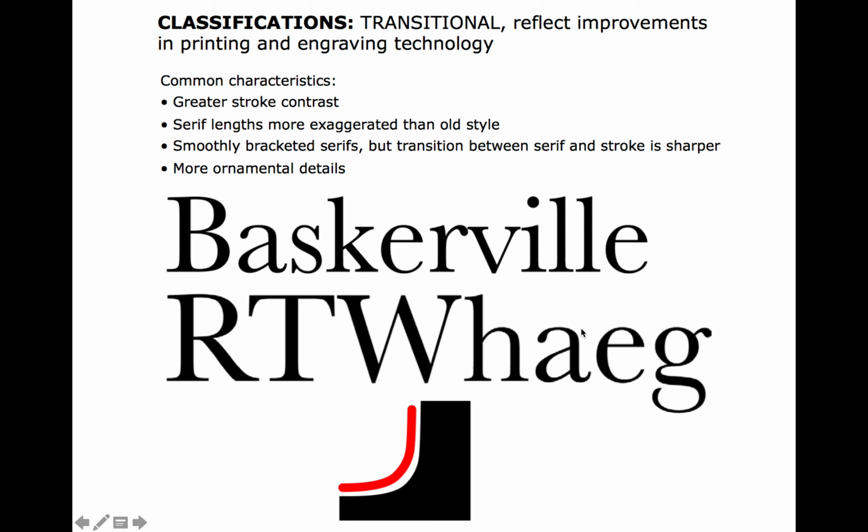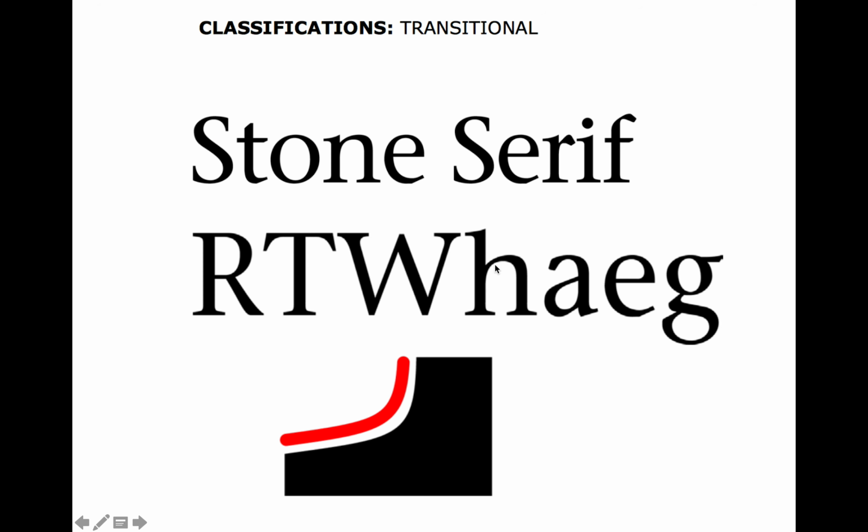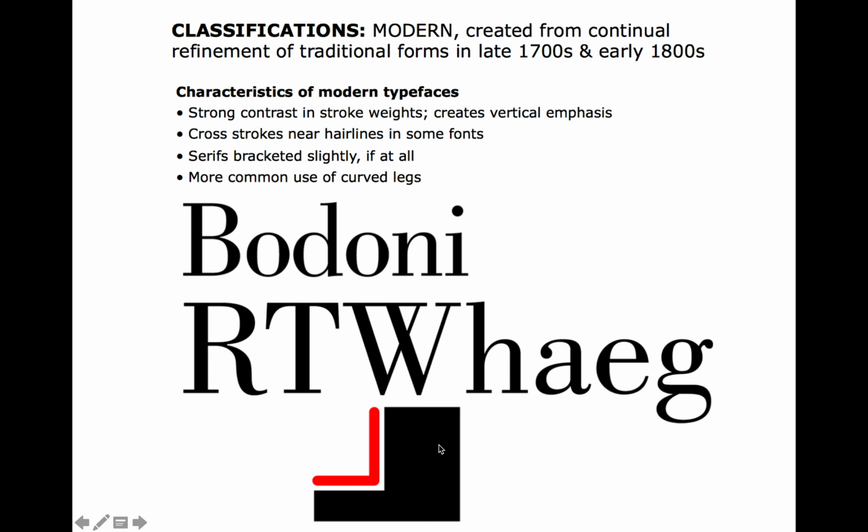And it had a little bit more ornamental details, like the little curved ear here on the G. So Stone serif still had that bracketed style, but it had a little bit softer angle to the bracket of the serif.